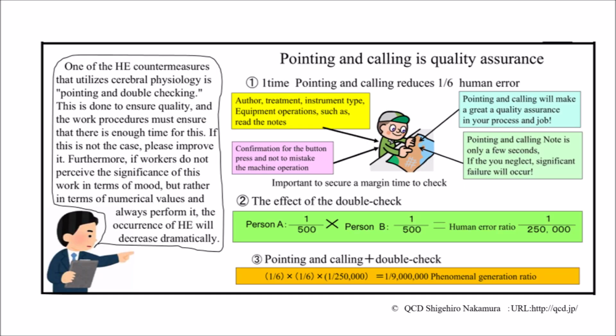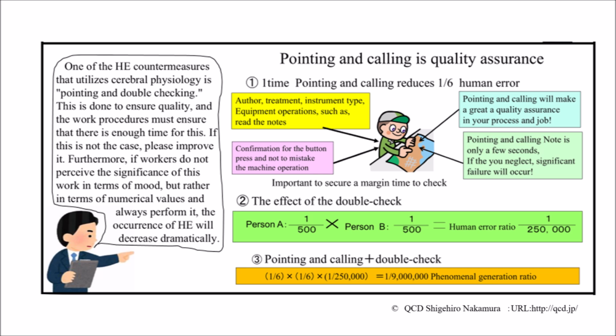Pointing and checking plus double-checking are essential requirements for preventing human error and ensuring quality assurance in the process. If you just do this intuitively, human error countermeasures will not progress. The important point is to first understand the effects using the numerical values shown here and make sure to follow them.